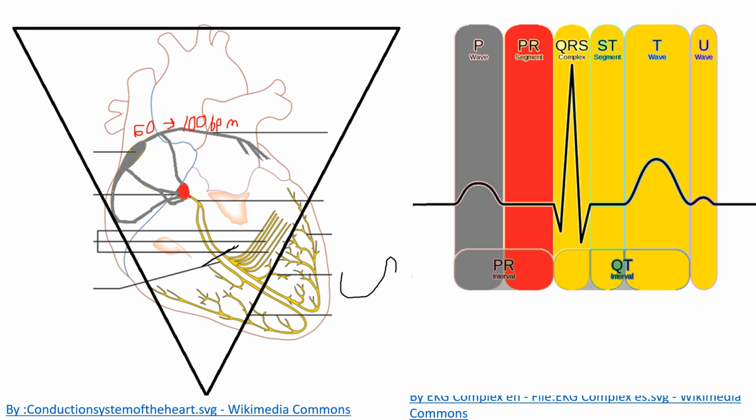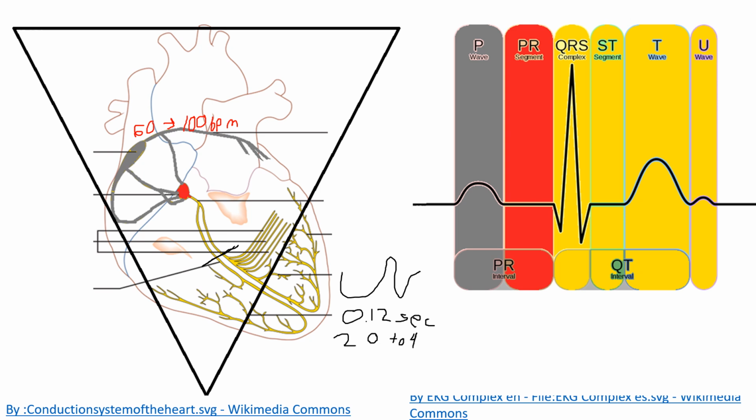And so it's going to look wide and bizarre. And so one of the things is, once again, that QRS duration is going to be greater than 0.12 seconds, right? It can absolutely look weird, and the fancy word for that is bizarre. And my heart rate is going to be 20 to 40 beats per minute.